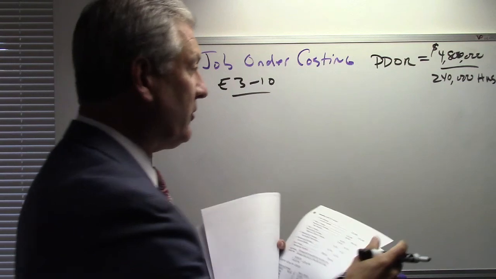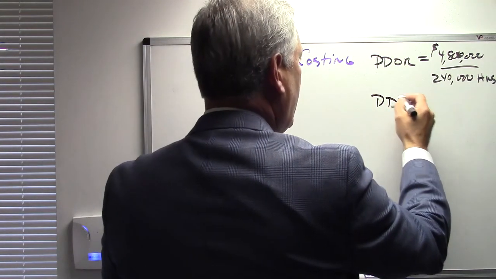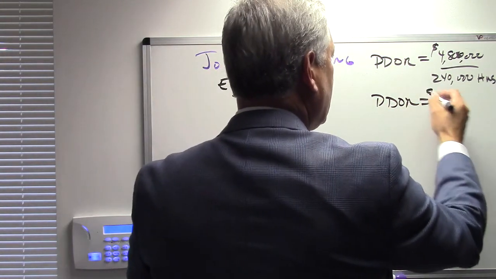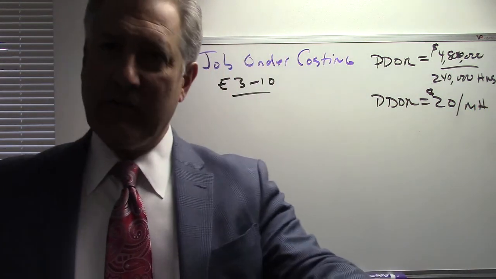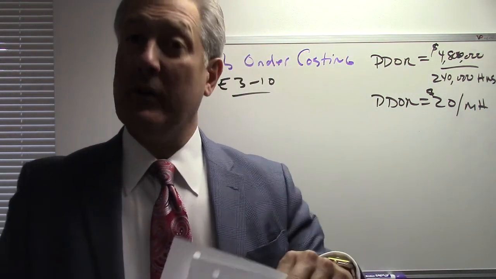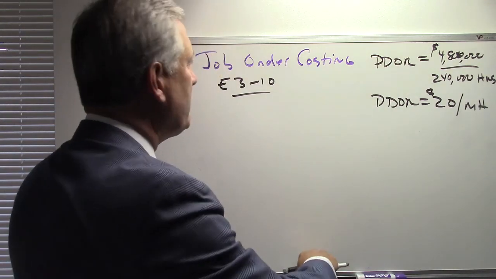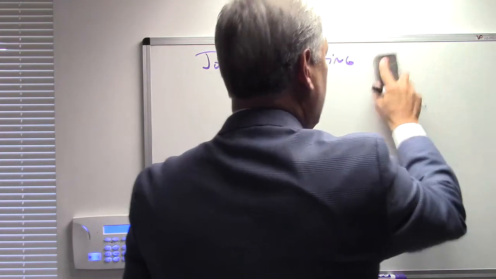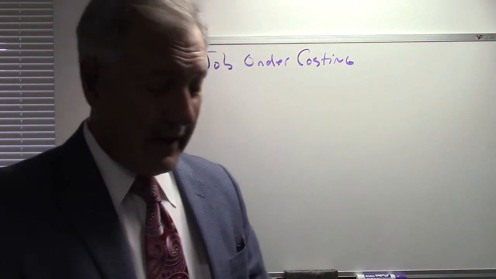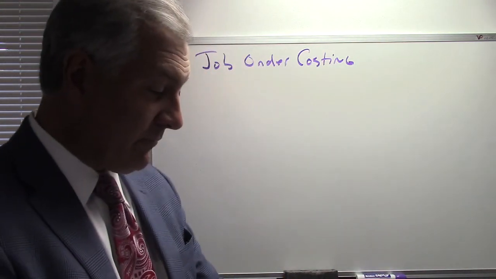So our predetermined overhead rate, PDOR, equals $20 per machine hour. That's important later on in the problem when we go to apply manufacturing overhead. So let's remember that. They give it to us at the beginning of the problem. I say calculate it right away.